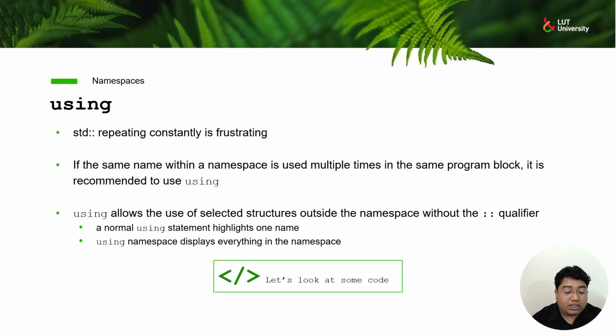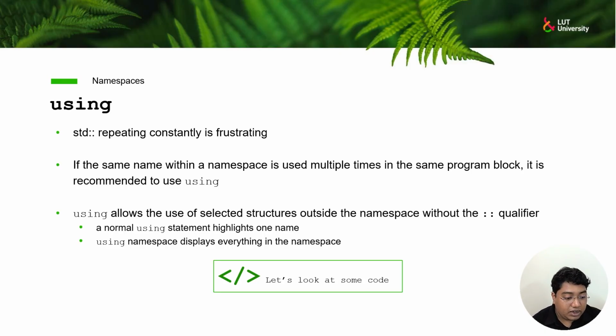A normal using statement pulls in just one specific name. Using namespace pulls in everything from the namespace at once. So whichever is the convenient one, you will use it like that, but it's also how you accidentally reintroduce the exact name collisions we have spent this entire lecture avoiding. So use it with a bit of care.